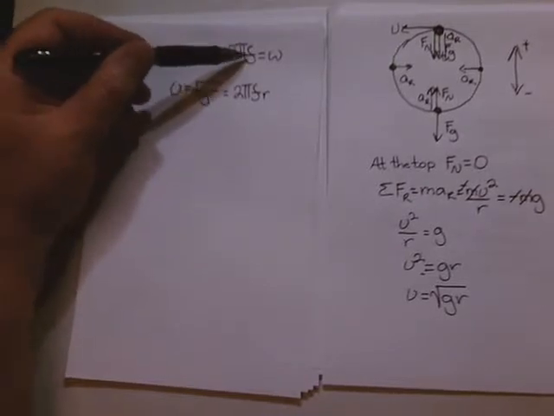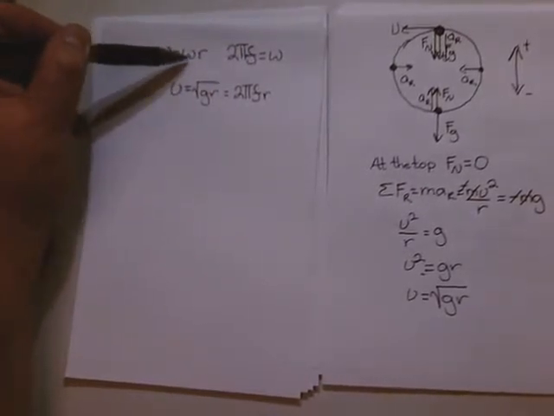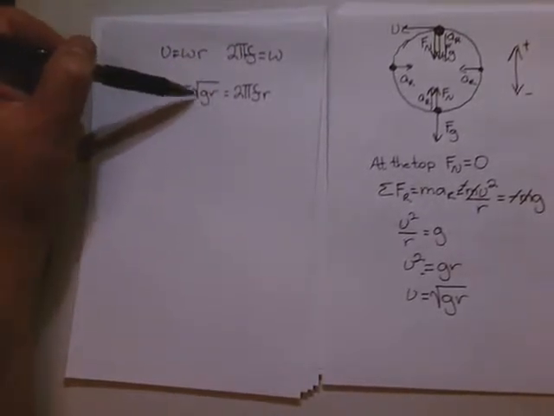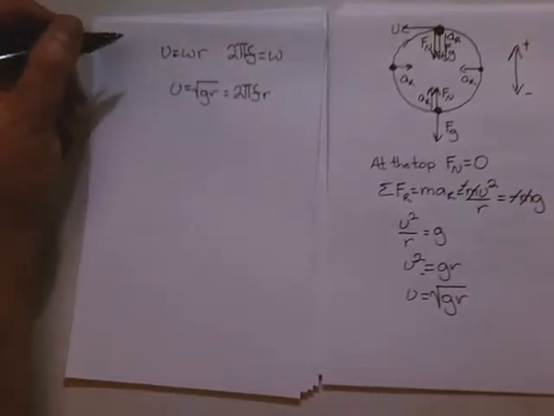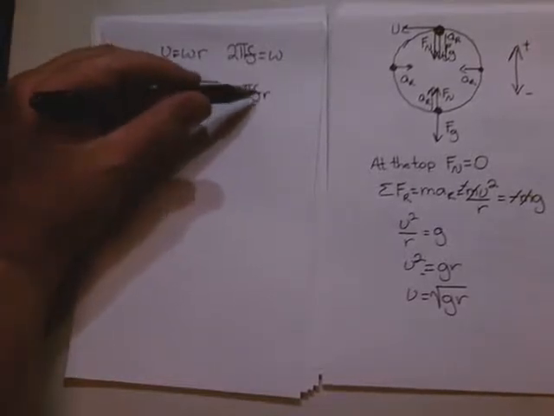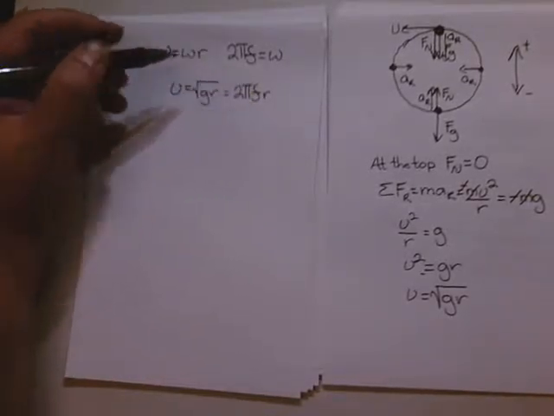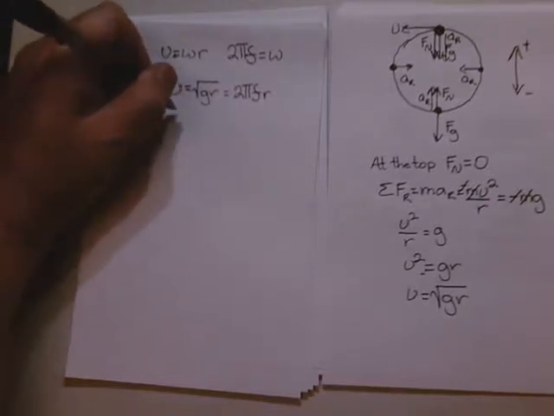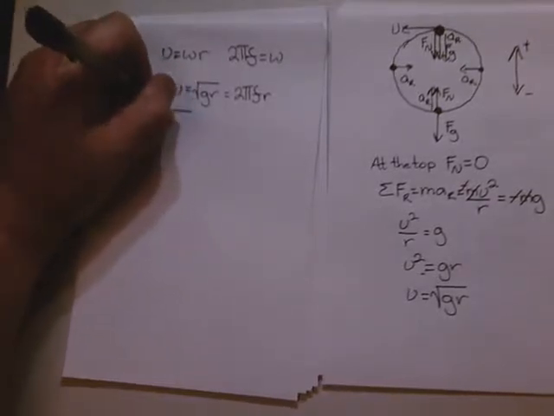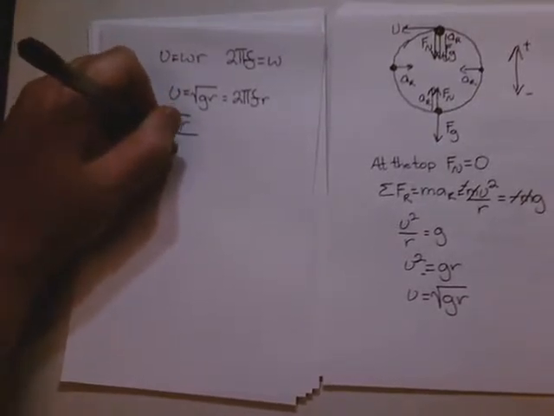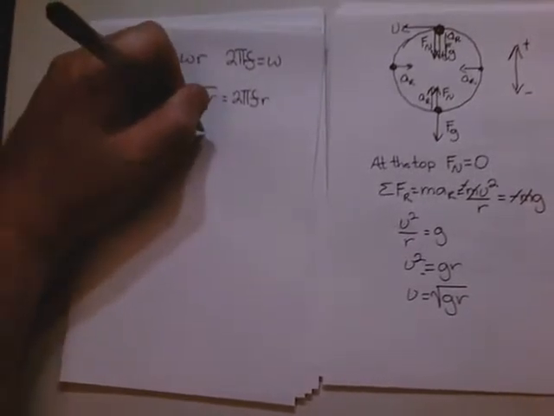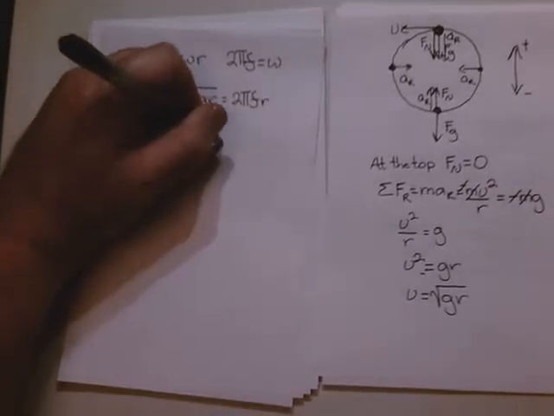The 2 pi f gets substituted for omega, the v gets substituted with the square root of gr, and then the r comes down. The goal is to get the frequency, so I'm going to divide both sides by 2 pi r, and that is equal to f.